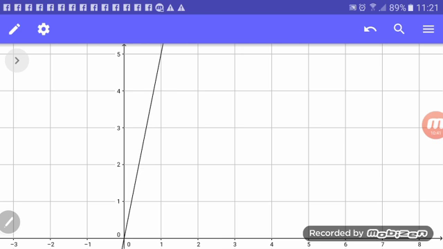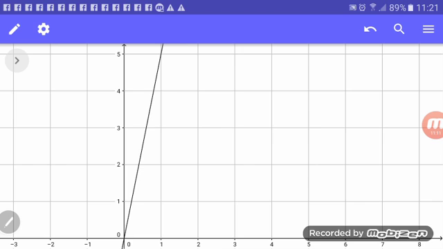Remember, I think I need to rephrase that. So our first coordinate is 0, 0. Our first x value is 0, our first y value is 0. Our second coordinate is 1, 5.